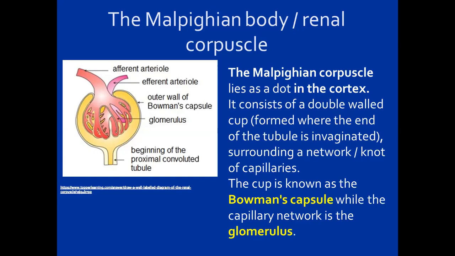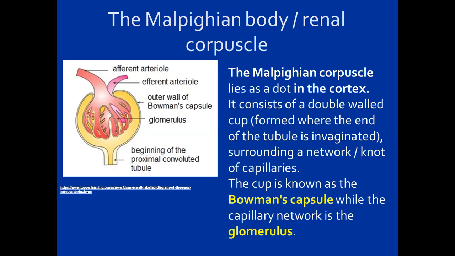And I said to you that it consists of a double-walled cup formed where the end of the tubule is invaginated. So if you picture taking a glove, and the finger of a glove is like the tubule. It's closed at the end. And you, from the outside, push your finger down into the top.